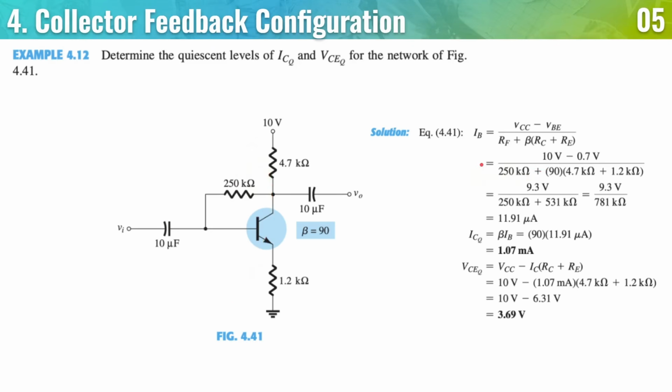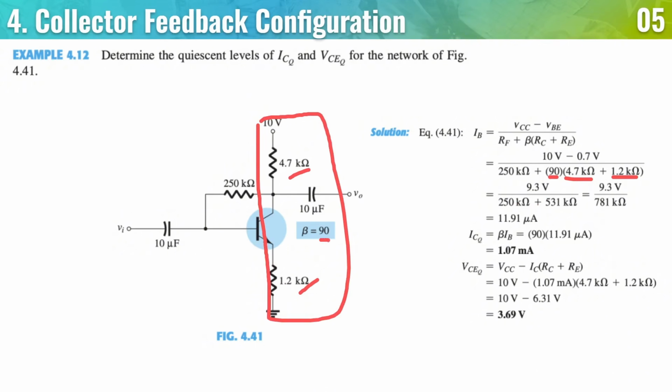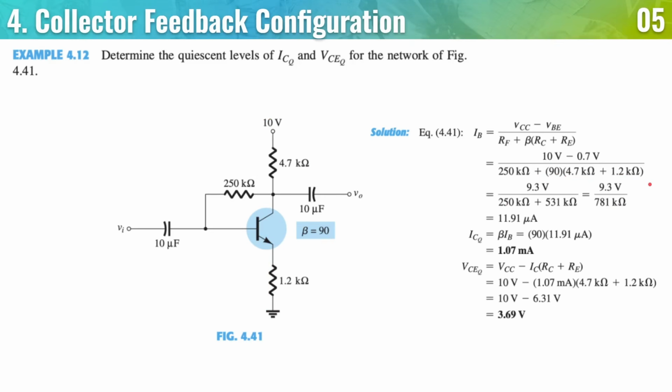That's why we can copy it as is. But for the 4.7 and the 1.2 kilo ohms, it is not connected to the base. That's why we have to multiply it by 90, which is the beta. So substituting all of that, we get 9.3 volts over 781 kilo ohms is equal to 11.91 microamperes.